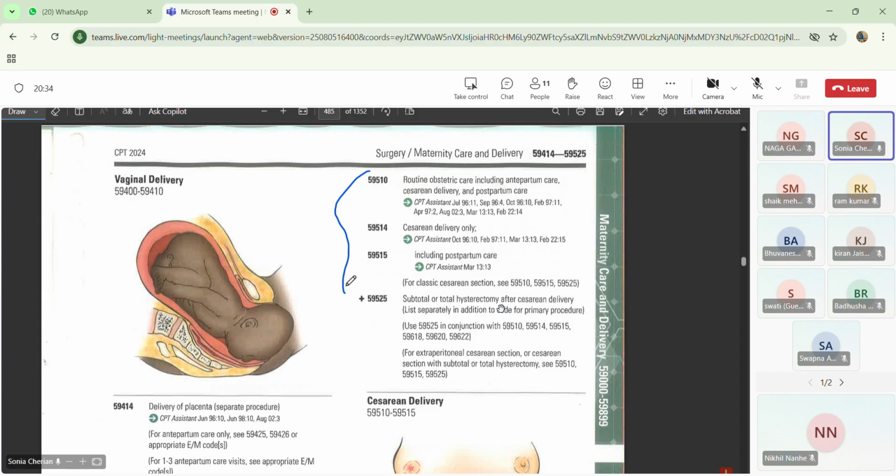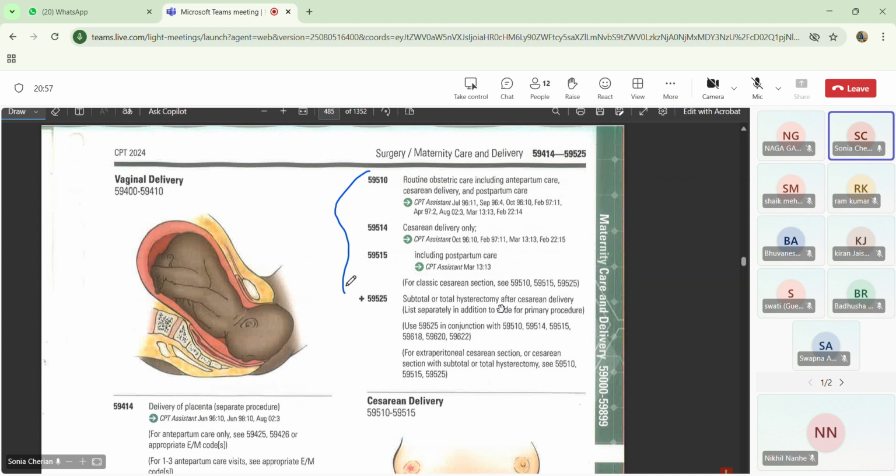But if she's above 35, you need to mention that, because above 35 they mostly term it as a complicated delivery. So if it is above 35, then you should code your PDX as encounter for supervision of pregnancy above 35 years of age. Okay, so there will be an ICD for that.